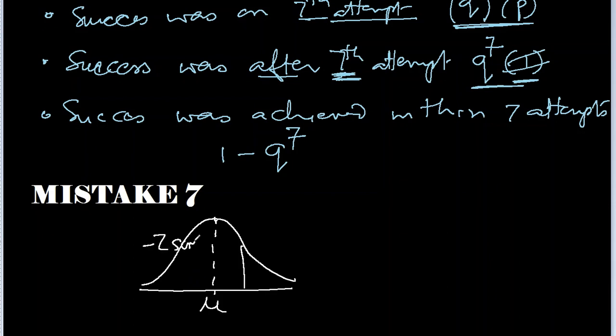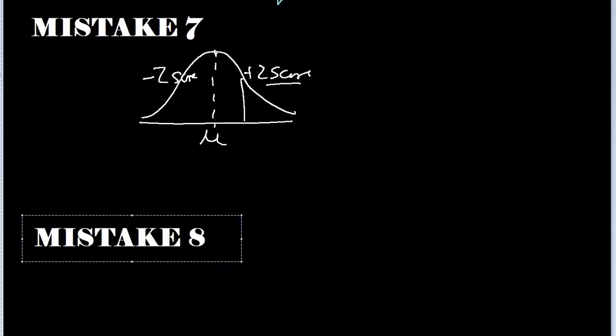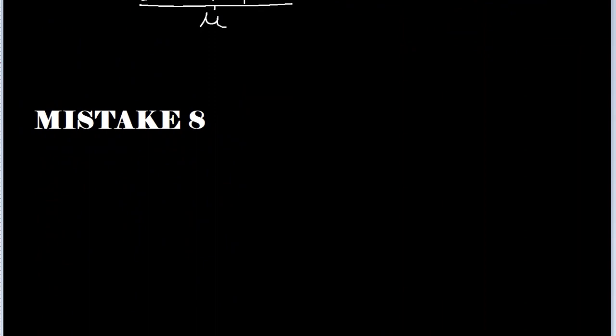Because we'll get a negative z-score on the left side and a positive z-score on the right side, and we have only positive z-scores in our normal distribution table which is provided to us in exams. So draw a normal distribution graph before attempting any question. That's my recommendation. It just is a recommendation.